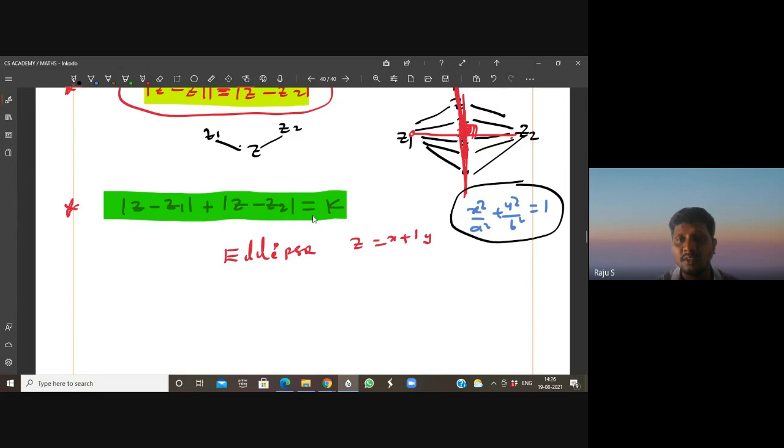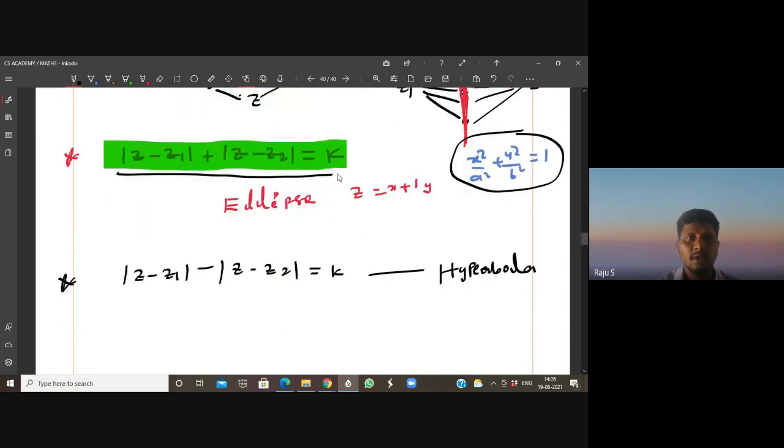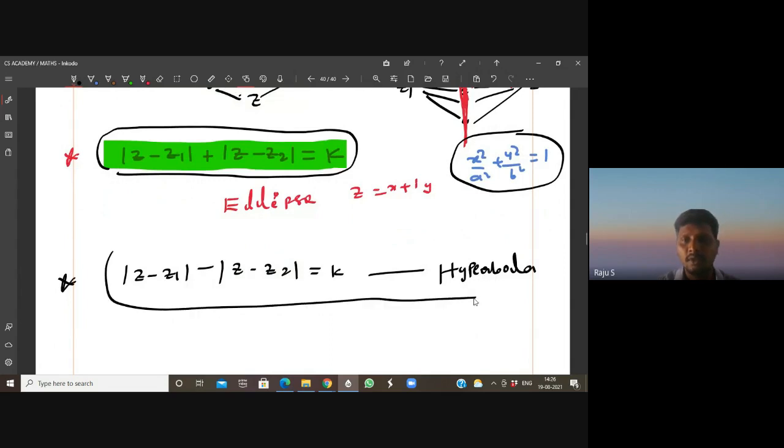Simply remember, this represents an ellipse, and the same modulus z minus z1, but with minus in between, modulus z minus z2 is equal to k, represents a hyperbola. This represents the ellipse and this represents the hyperbola.